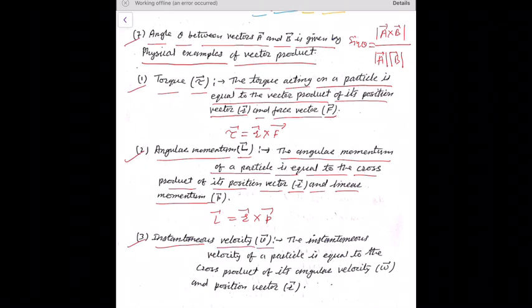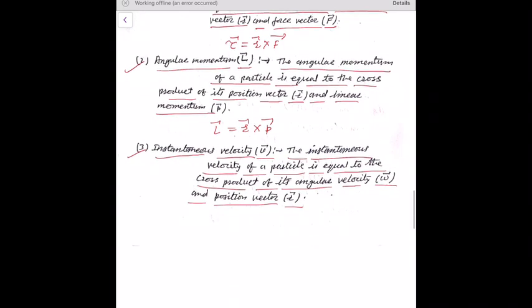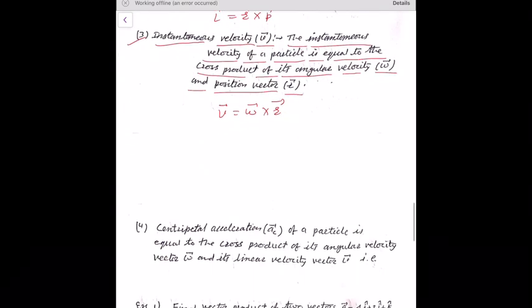Next, third, instantaneous velocity v vector. The instantaneous velocity of a particle is equal to the cross product of its angular velocity omega vector and position vector r vector. Thus, v vector is equal to omega vector cross r vector.